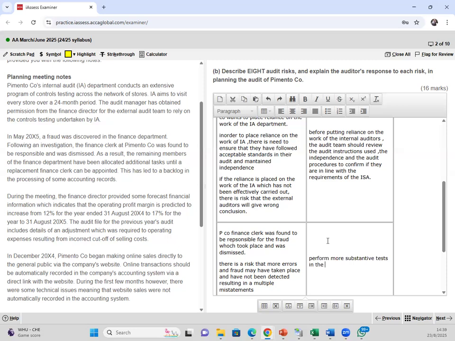In the transactions carried out by the clerk, or transactions recorded by the clerk.